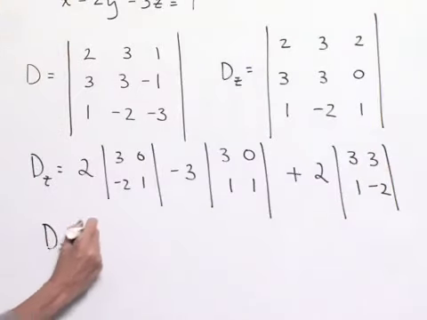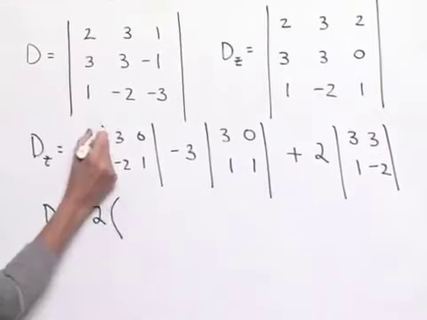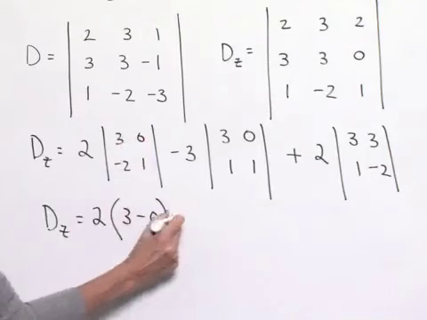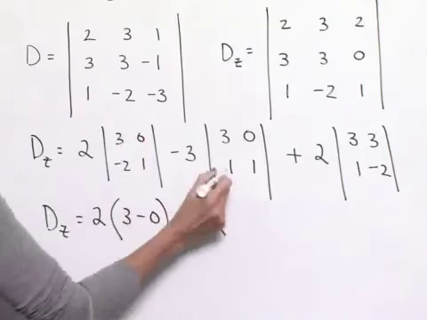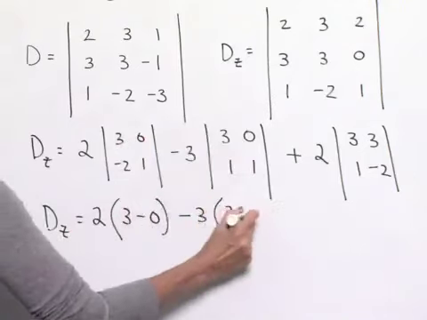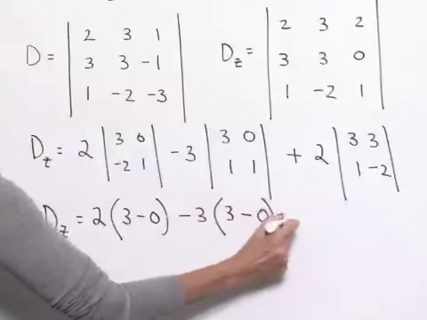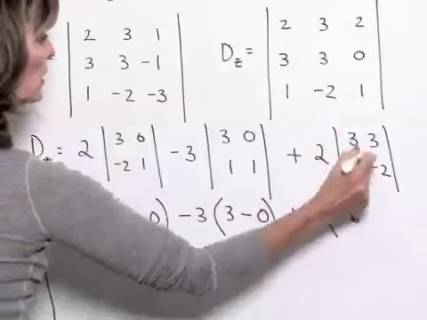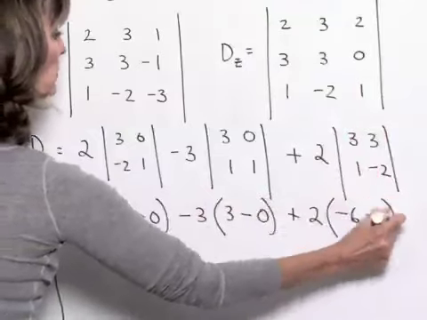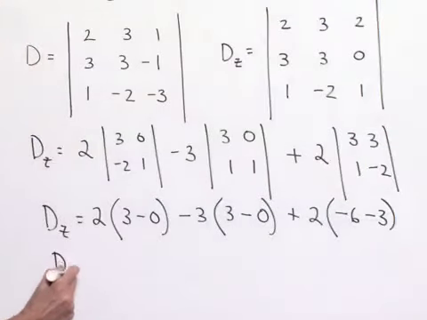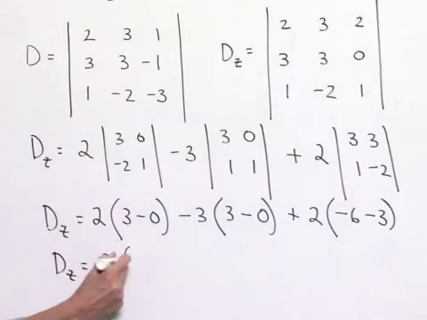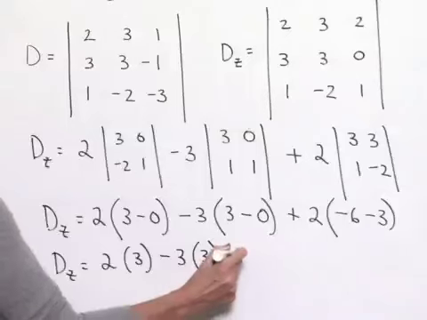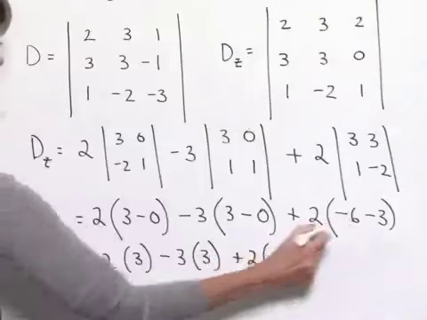So d sub z will equal 2 times, using our products, we'll have 3 minus 0 minus 3 times, we'll have 3 minus 0 plus 2 times, we'll have negative 6 minus 3. So d sub z equals 2 times 3 minus 3 times 3 plus 2 times negative 9.